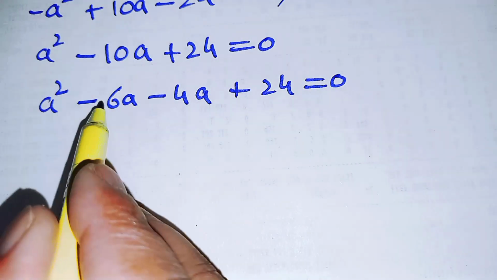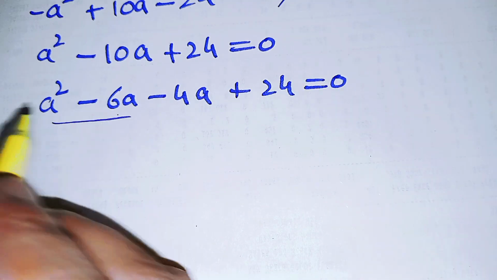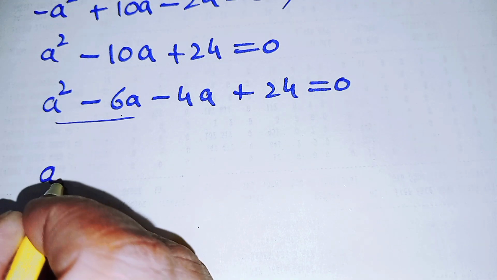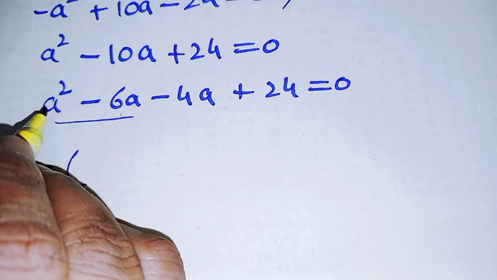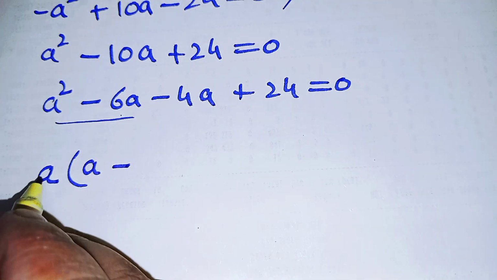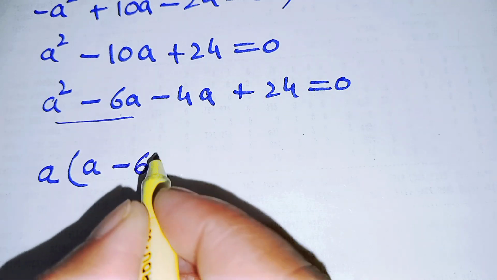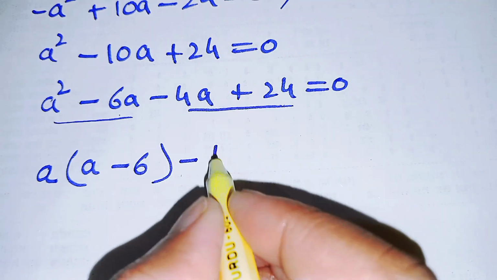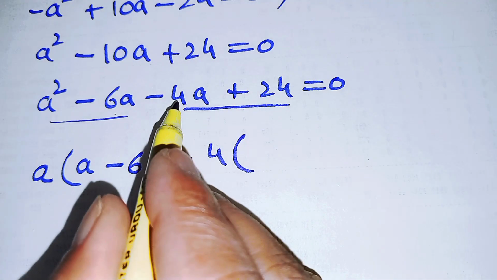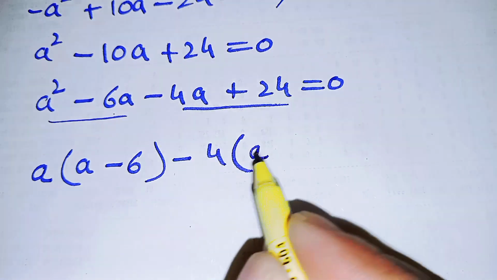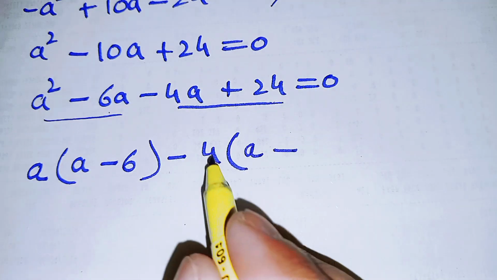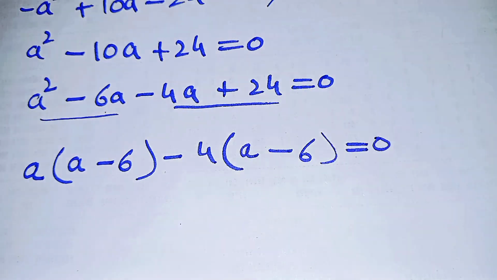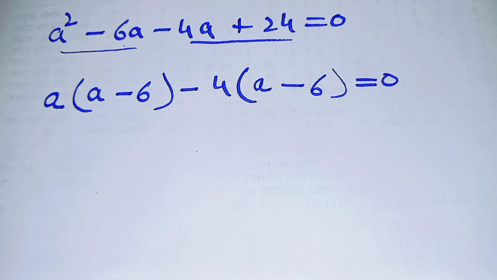From the first pair a square minus 6a, we take a common and write a times (a minus 6). From the second pair, we take 4 common and write minus 4 times (a minus 6), since 4 times 6 is 24. This is equal to 0.